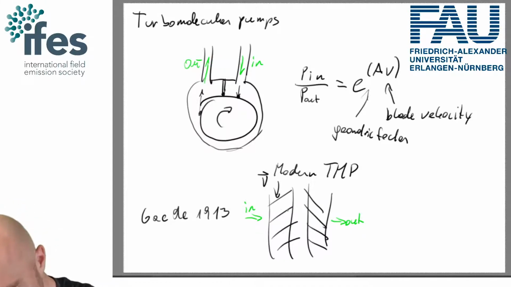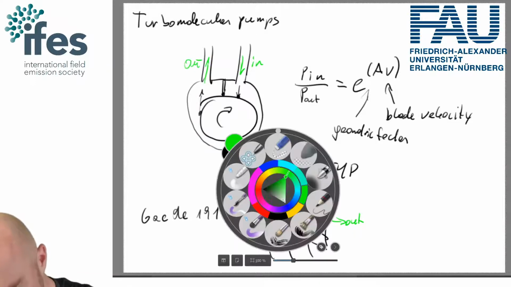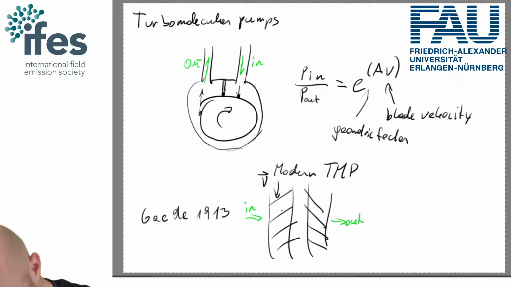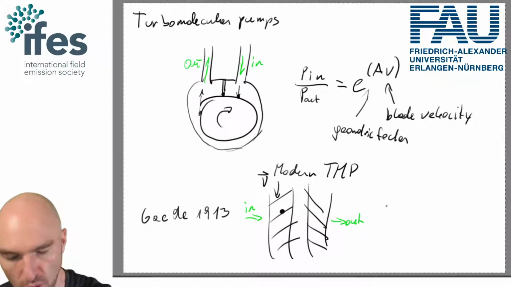If we look at an atom adsorbing at the surface here, so a molecule comes in and adsorbs here, right? Then the question is, what is the probability for it to go in this direction?